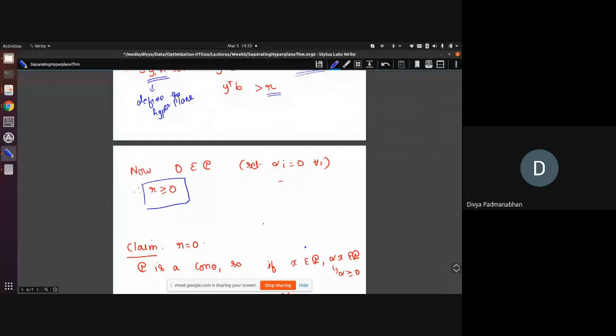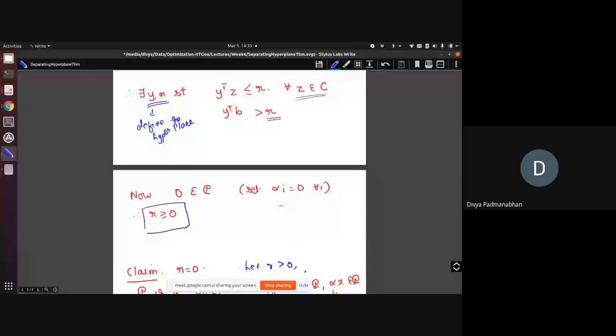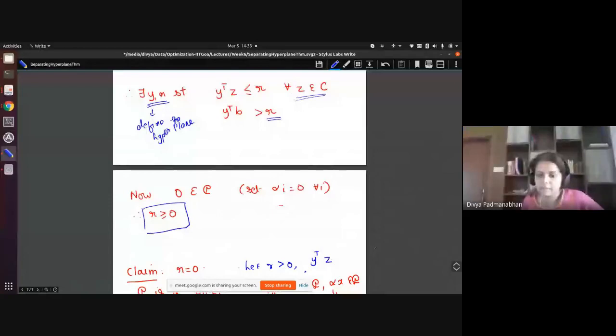So what we're trying to say here is there is some particular element, let's call it z tilde, such that y transpose z tilde is greater than 0 but less than or equal to r.